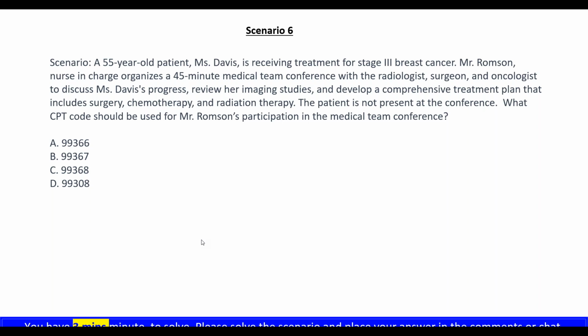Dr. Thompson, nurse in charge, organizes a 45 minute medical team conference with the radiologist, surgeon, and oncologist to discuss Miss Davis' progress, review her imaging studies, and develop a comprehensive treatment plan that includes surgery, chemotherapy, and radiation therapy. The patient is not present at the conference. Which CPT code should be used for Mr. Romson's participation in the medical team conference? Your time starts now.